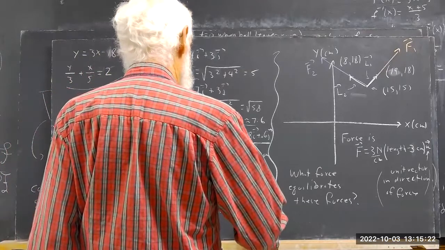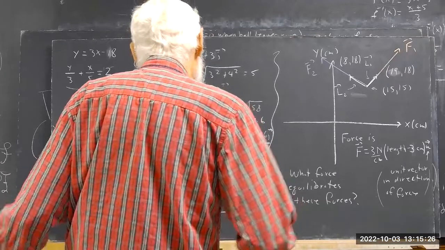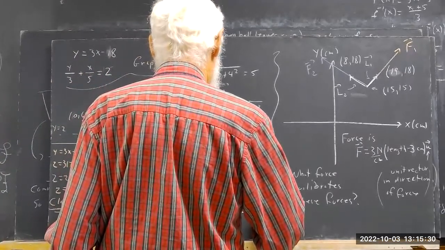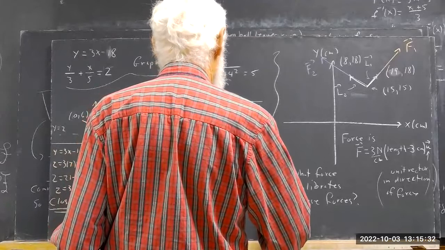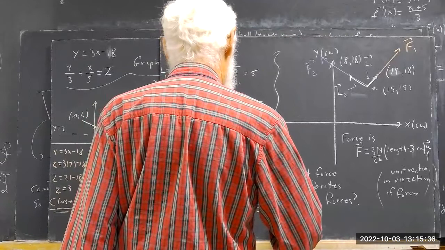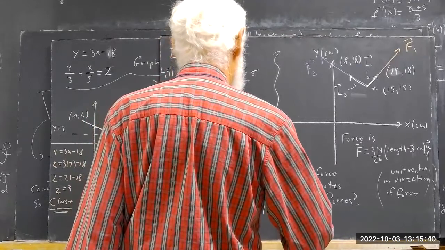Okay. And then you get something like, very roughly, 11 newtons times i plus 5 newtons times j.